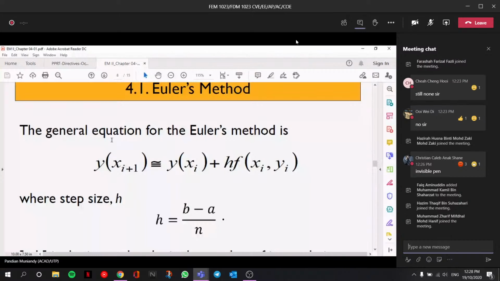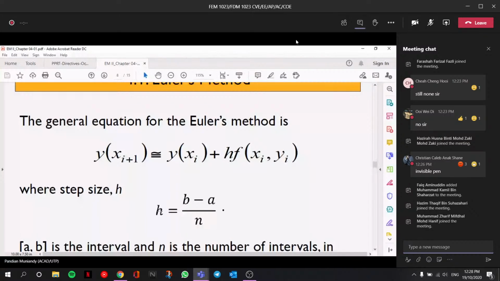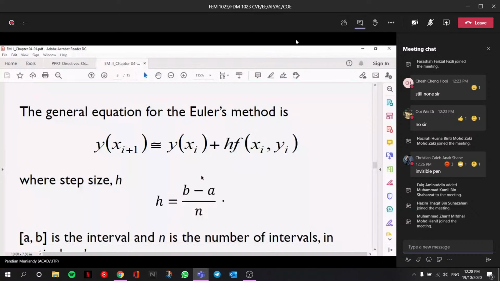The general equation for Euler's method is y(x_{i+1}) equals y(x_i) plus h f(x_i, y_i), where the step size h is b minus a.